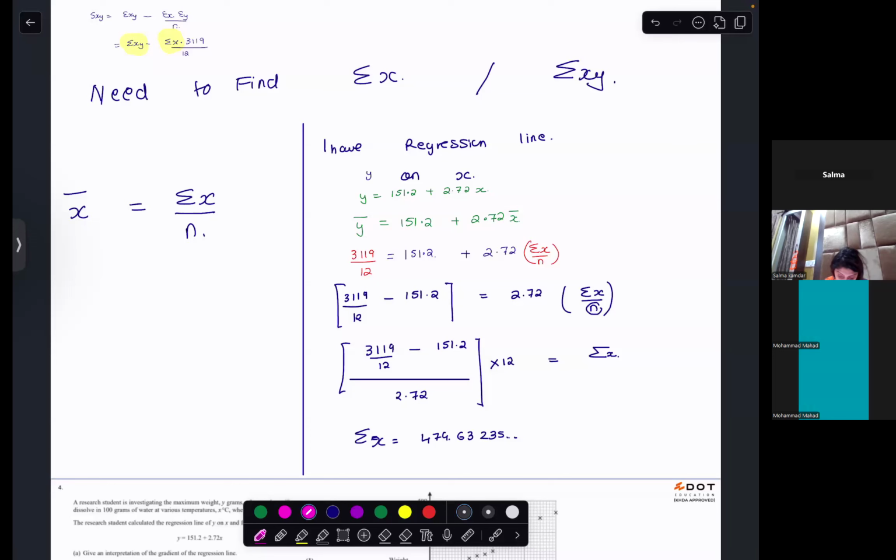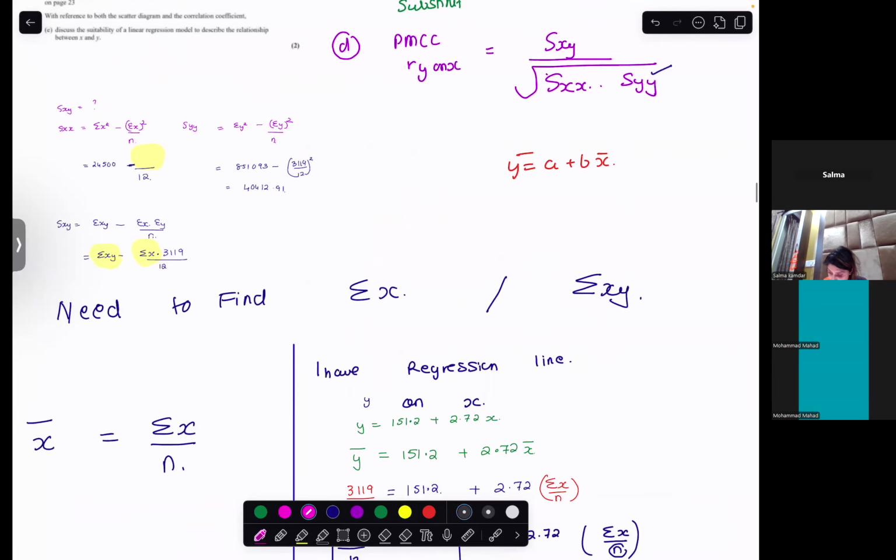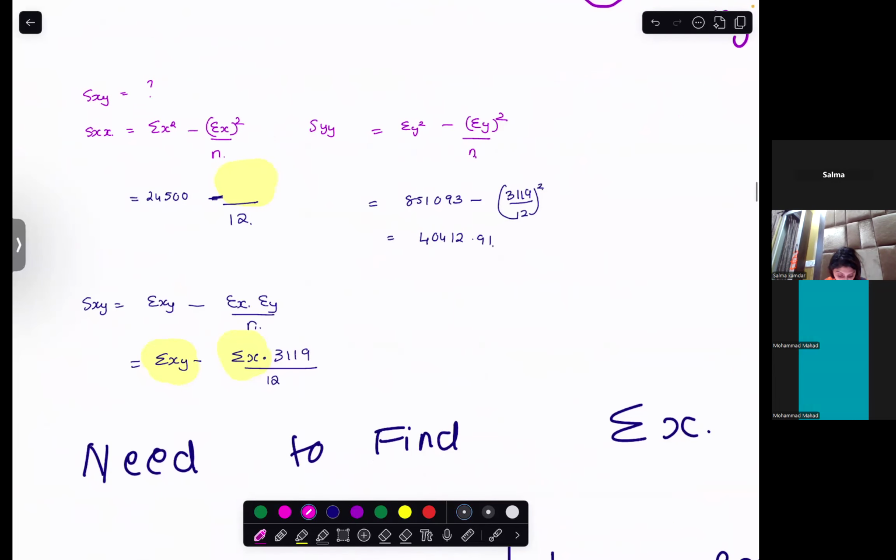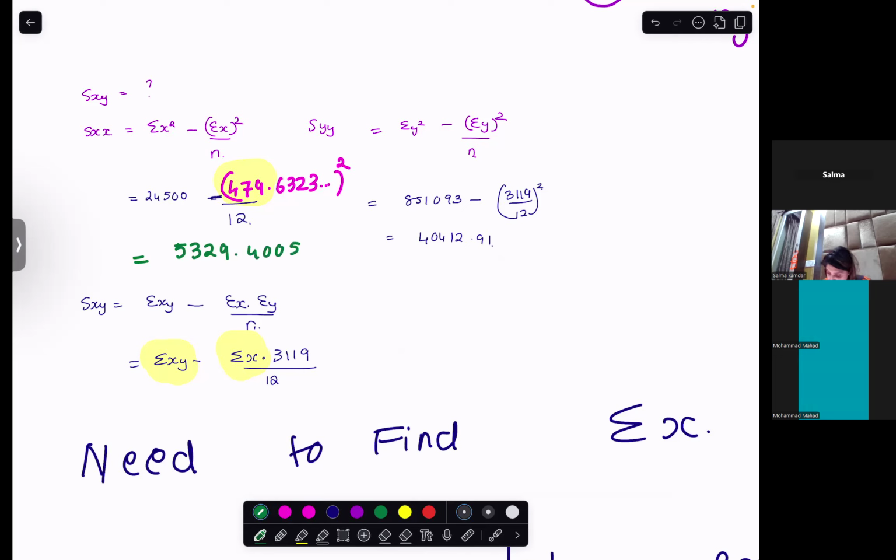Are you with me? So I would substitute in my sxx first. So it is 479.6323, the whole square by 12. So I'm going to get my sxx as how much? 5329.4005.